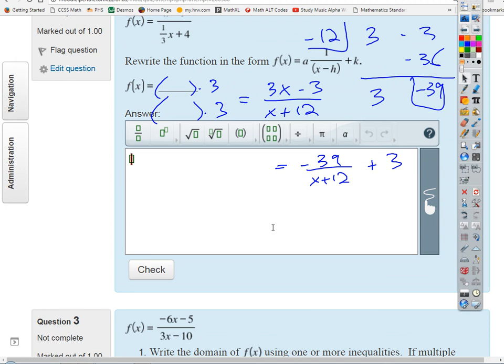So I'd write that as negative 39 times 1 over x plus 12 plus 3. So what's a? Negative 39. H is negative 12. K is 3. Good.